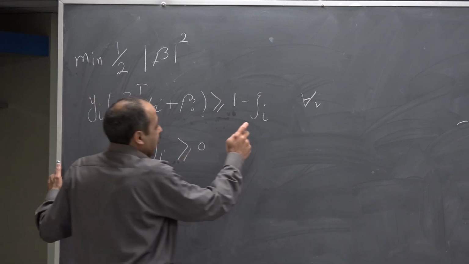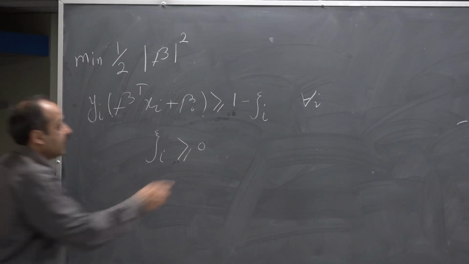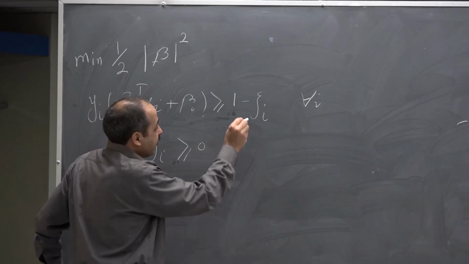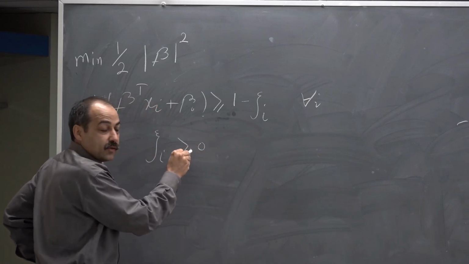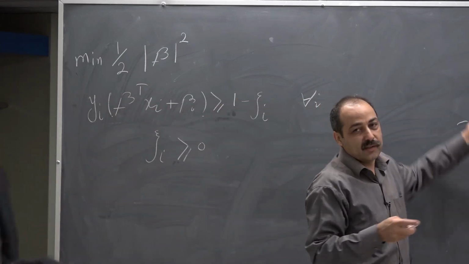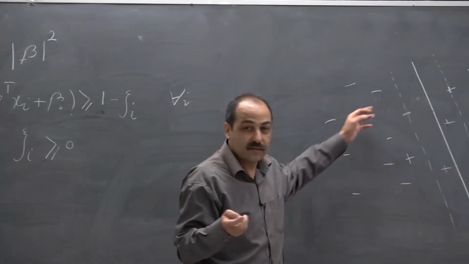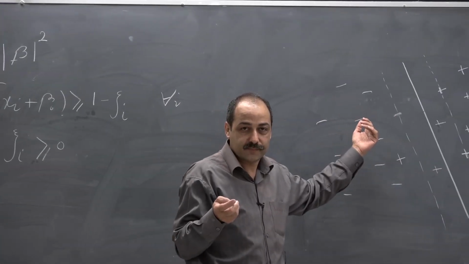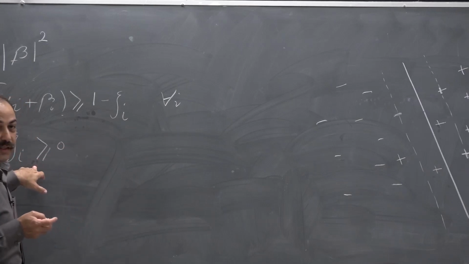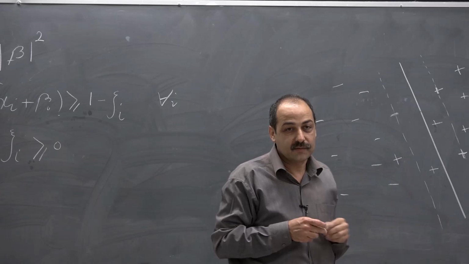So I just define a new variable, zeta, that is greater than or equal to 0. If it is 0, I can accommodate the situation that we had in the past, where points are over the margin. But for some points it's going to be greater than 0. It means that there are some points that are going to go to the other side. Okay?